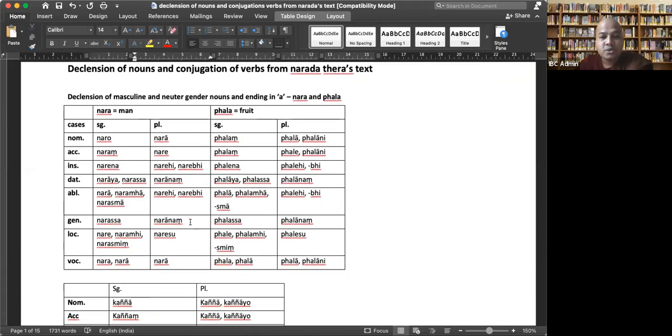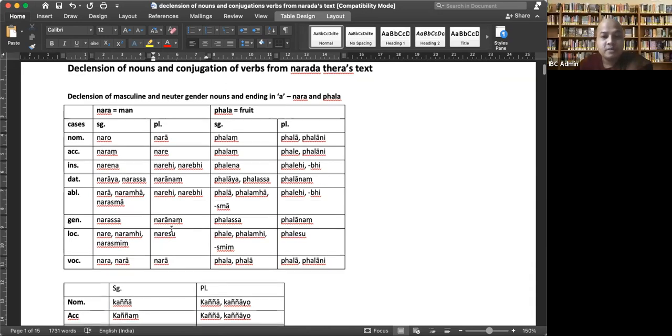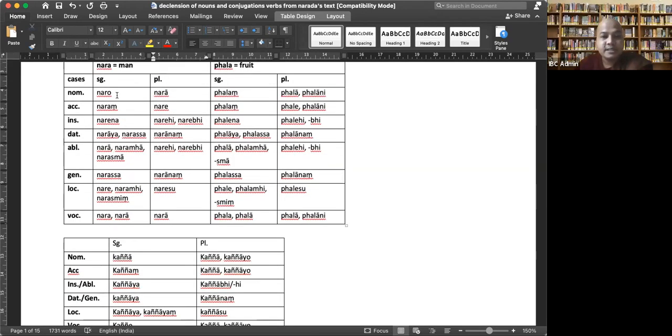So when we were studying the declension of nouns ending in short a especially, and then subsequently long a, these three basically, the declension of nara, phala, and kanya. We took a lot of time to be familiar with the declension of nara, and then once you become familiar with nara, it is not very difficult to remember the declension of phala.